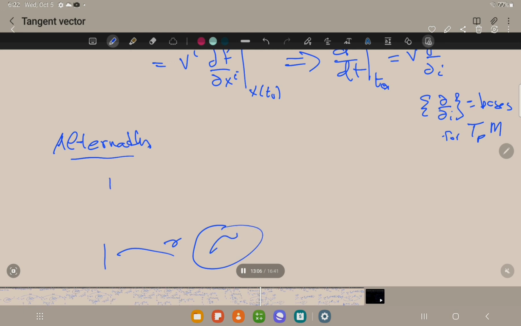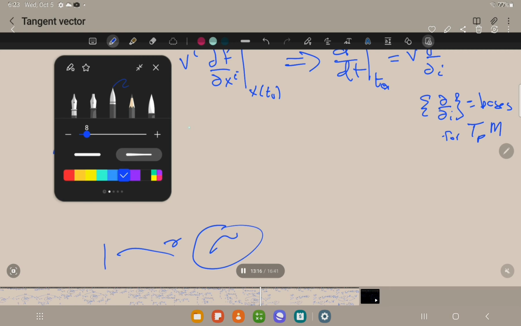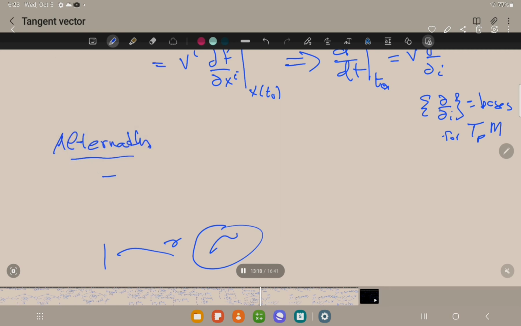So let me rewrite the picture. So here's the curve to M from R1. So the operator d by dt is in the tangent space of R1.